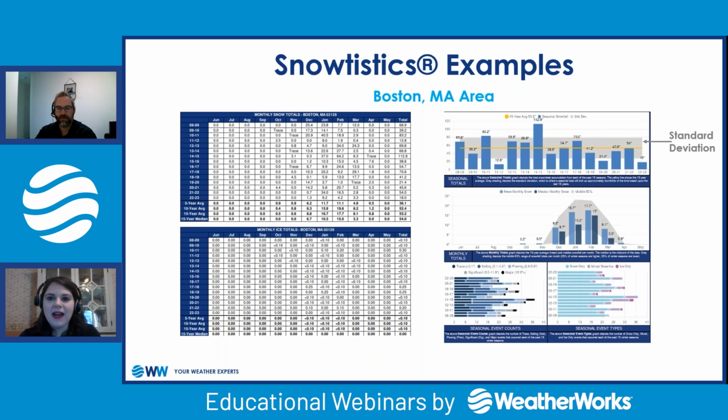So in order to center in and figure out where most seasons wind up falling, standard deviation is your statistic. And standard deviation essentially indicates where 2/3 of the data typically falls within. So the average is usually somewhere in the middle of that standard deviation, and then 2/3 of that data is going to fall either above or below that average.